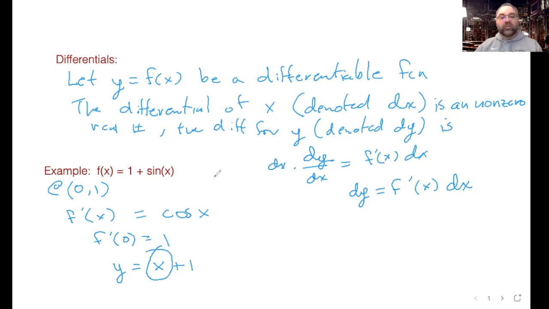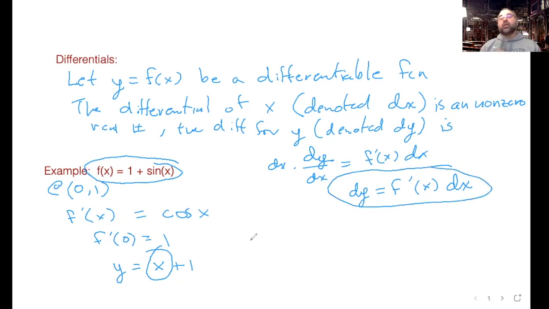And what I want to show you is that the tangent line, y equals x plus 1, and the original function, f of x equals 1 plus sine x, the reason we're interested in the differential here is that as we stay close to the point of tangency, you're going to see that the function itself is not that much different than its tangent line.